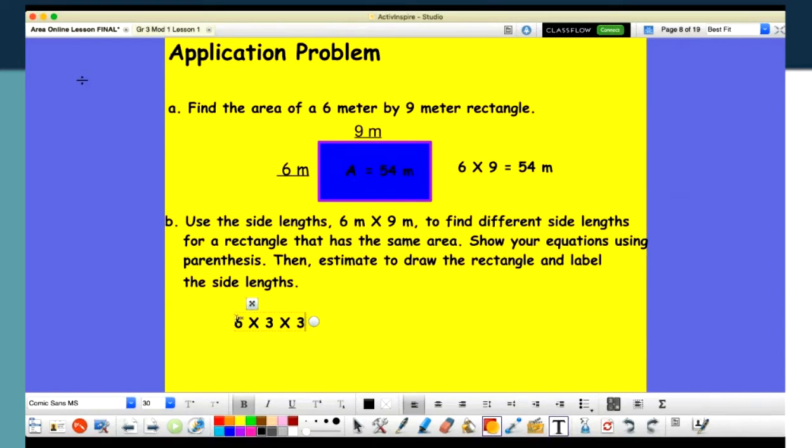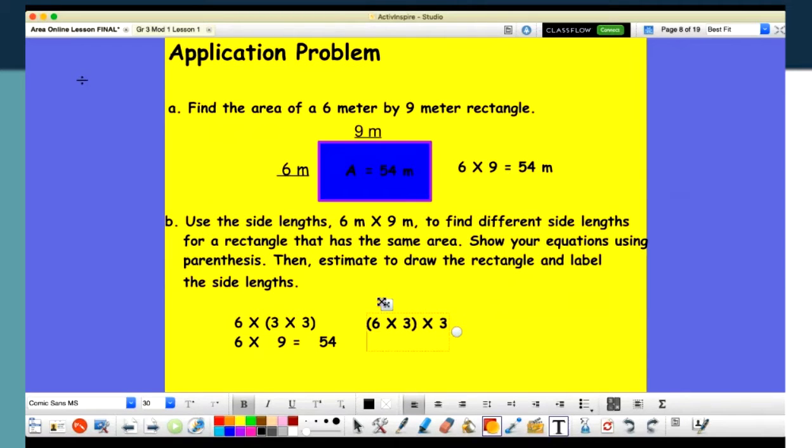So the first thing that was done was, this is how it was grouped in order to get 6 times 9, because 6 would stay the same, and if you multiply 3 times 3, you get 9, and that's where this 6 times 9 came from for us to get 54. But if we think of a different way to group it, we could put 6 times 3 in parentheses and leave the 3 over here.